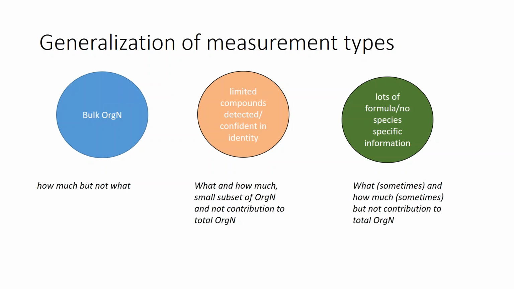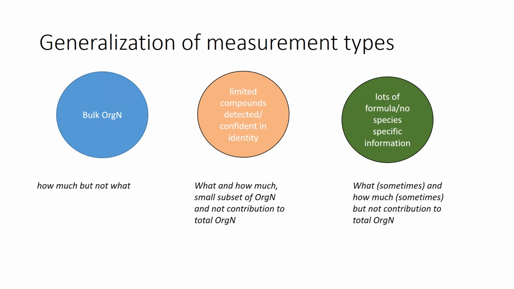I've tried to make this summary slide to summarize the measurement techniques a little bit more generally, to highlight maybe the benefits and drawbacks of some of them. So we can have a bulk organic nitrogen measurement where we get how much but not what it is. In some instances that might be sufficient, specifically if we're talking about a deposition budget.